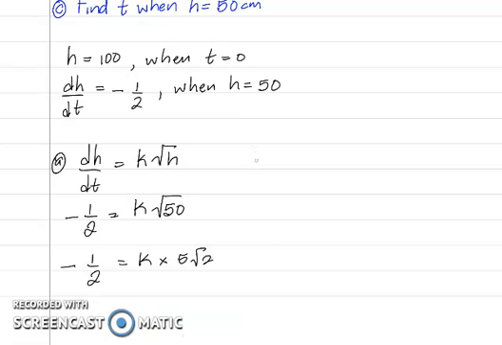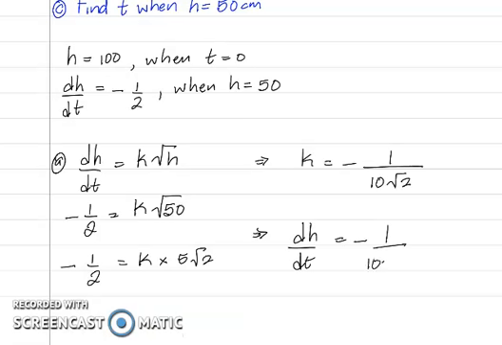So therefore, k is equal to minus 1 over 2 times 5 root 2, which is minus 1 over 10 root 2. So the differential equation is dh/dt is equal to minus 1 over 10 root 2 times the root of h. All right, so we've just accomplished A.